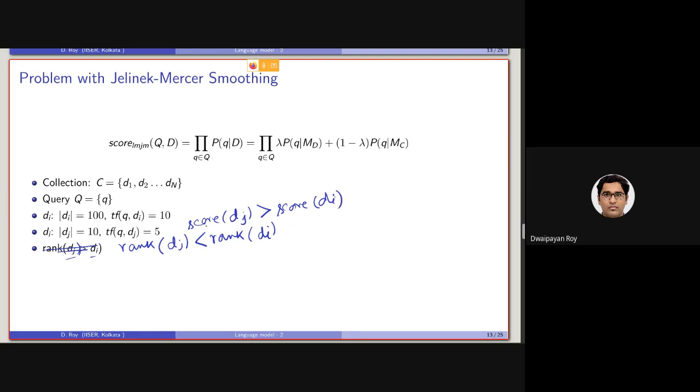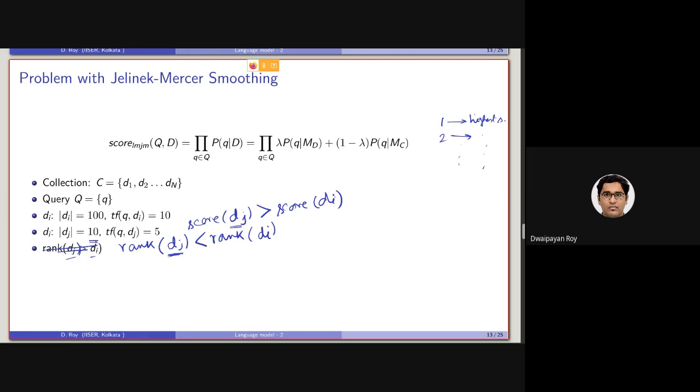So as the score of DJ is higher, the rank will be lower. I'm starting from rank 1 as the highest score, rank 2 is the next highest score and so on. Following this rank order, rank of DJ will be lower, that is it will be in the top rank. But essentially we can understand that this is a very small document.